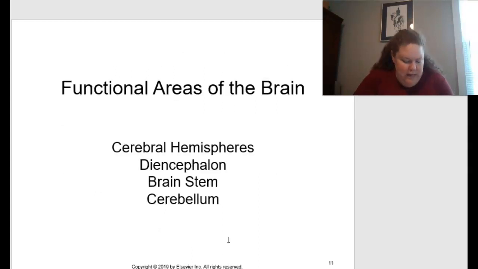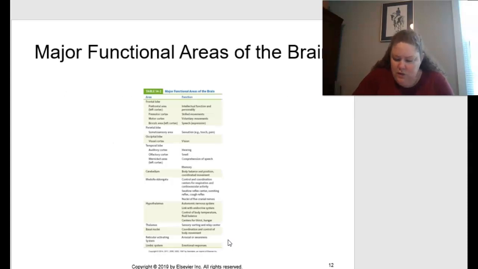All right, so moving on to the functional areas of the brain. We're going to talk about the cerebral hemispheres, the diencephalon, the brainstem, and the cerebellum. This starts on page 328 of your book. There are some major functional areas of the brain, and this is table 14.2, found on page 330 of your book. This is obviously very small, so use your book, but basically you have your area over here and you have your function.